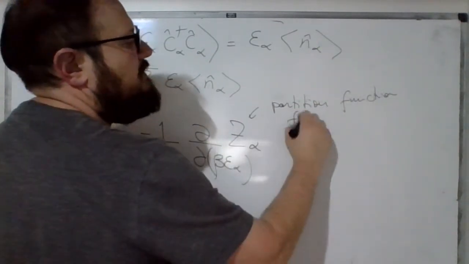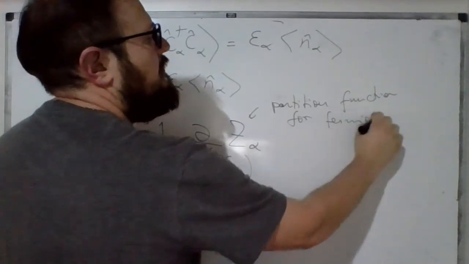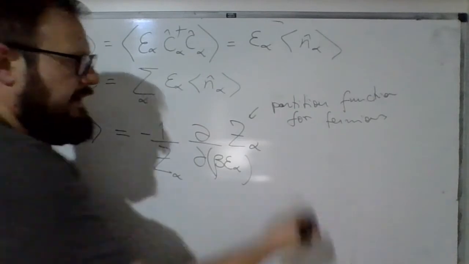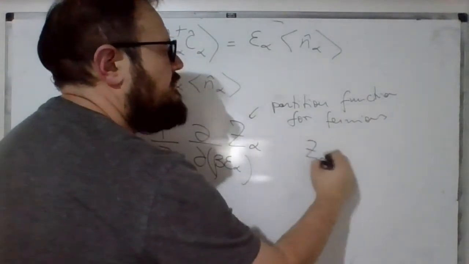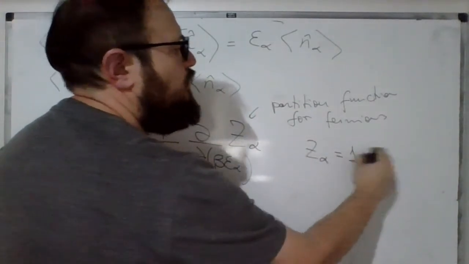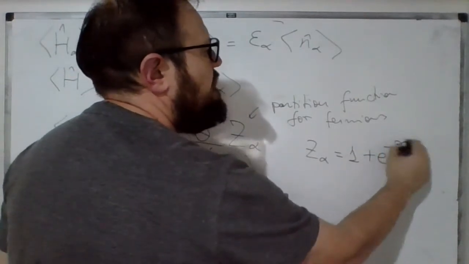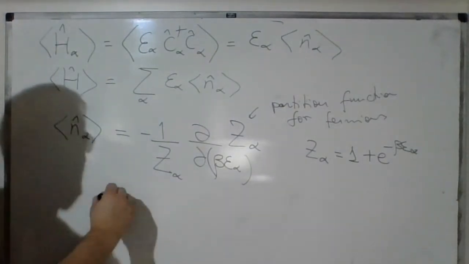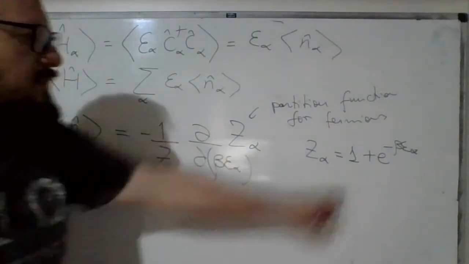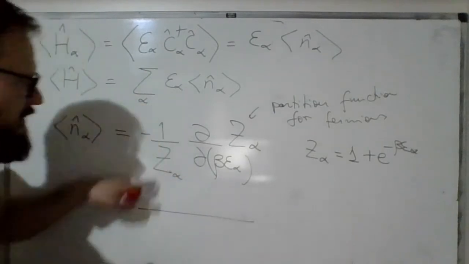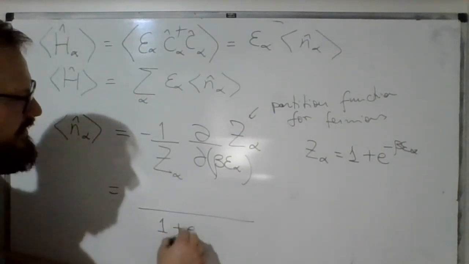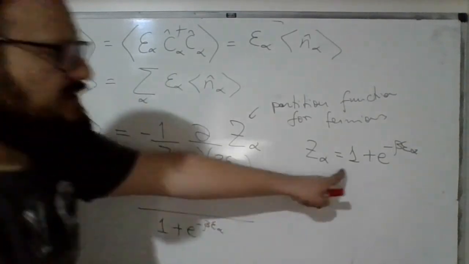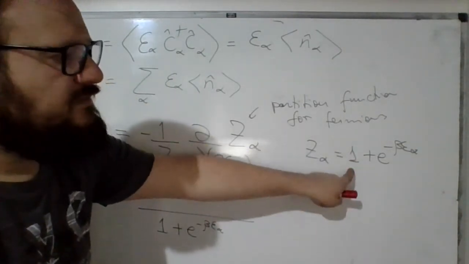Now for fermions, this is a quite general expression. And for fermions, we already know it is 1 plus e to the minus beta E alpha. So if we differentiate this equation here, we have 1 over the partition function, 1 plus e to the minus beta E alpha. The derivative of this is the derivative of 1, which is 0.